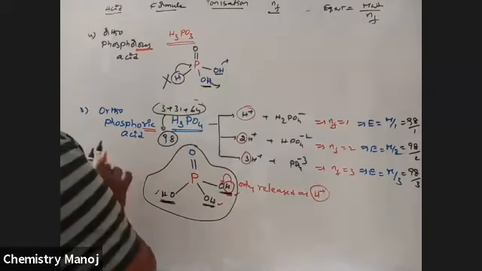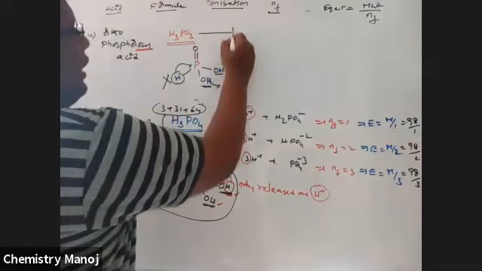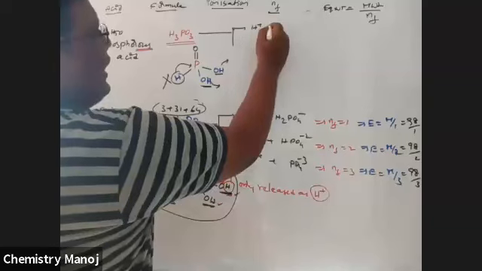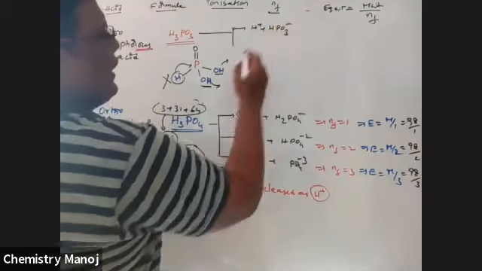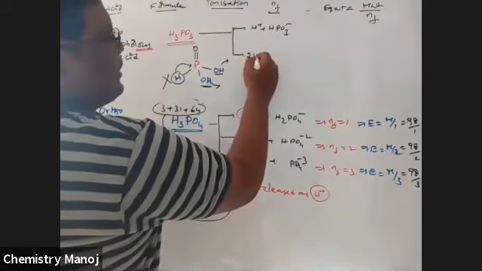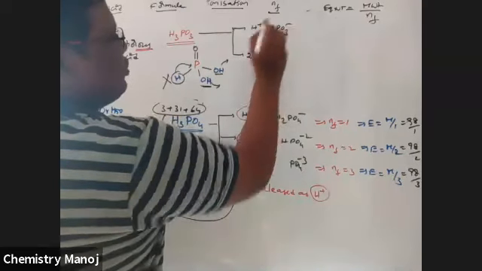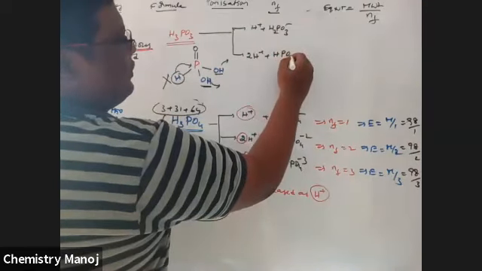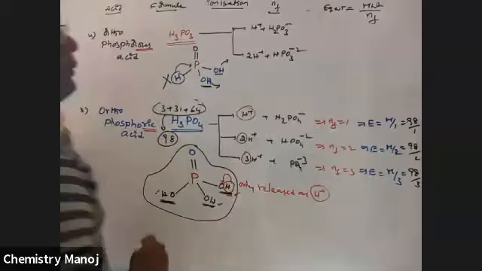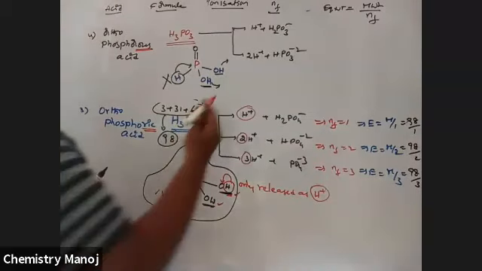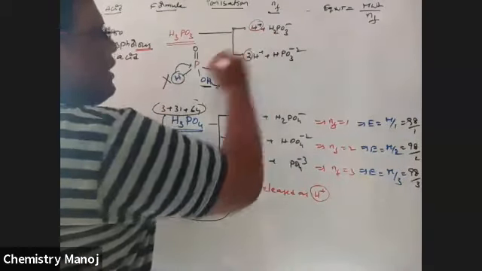Therefore, this may break down as H plus ion and H2PO3 minus ion, or 2 H plus ions and HPO3 minus 2 ion. Here the n factor is equal to 1, here the n factor is equal to 2.